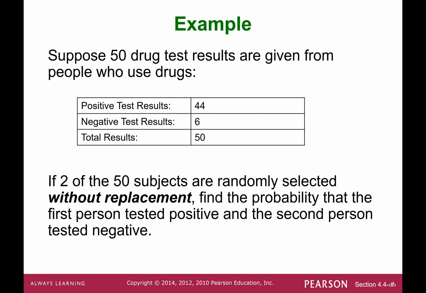Suppose 50 drug test results are given from people who use drugs. We have 44 positive test results and 6 negative test results. The total is 50, so the sample size is 50.